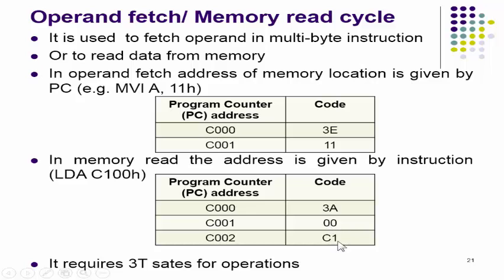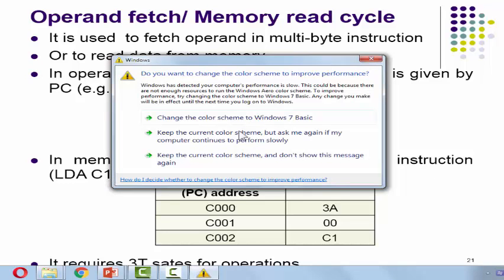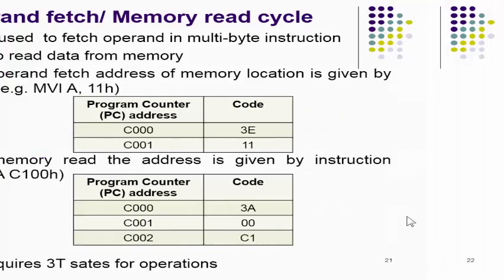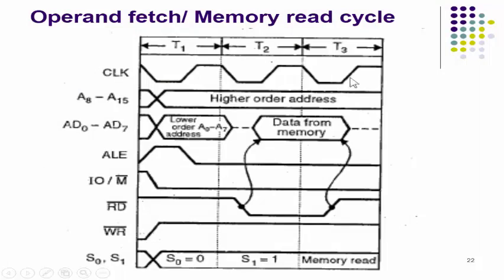Suppose this LDA C100 instruction is stored in memory; it requires 3 memory locations because it is a 3-byte instruction. 1 byte for the opcode, which is 3A hex, and 2 bytes for the operand content, the 16-bit address C100.